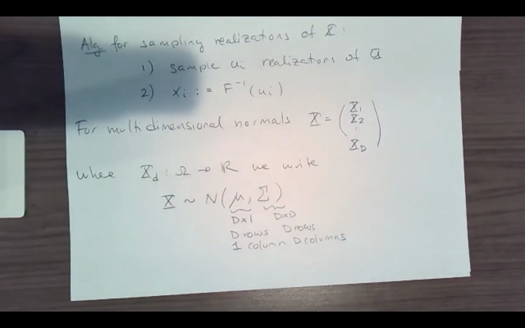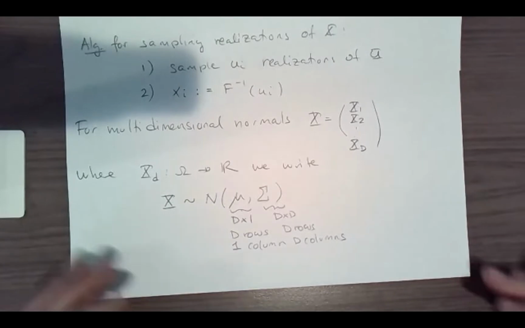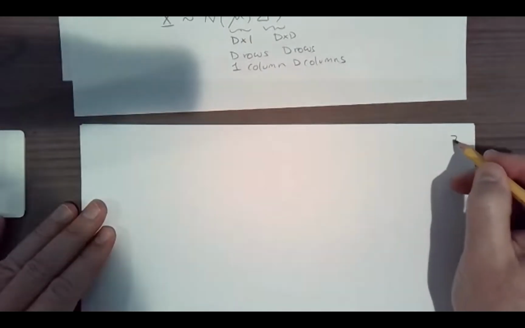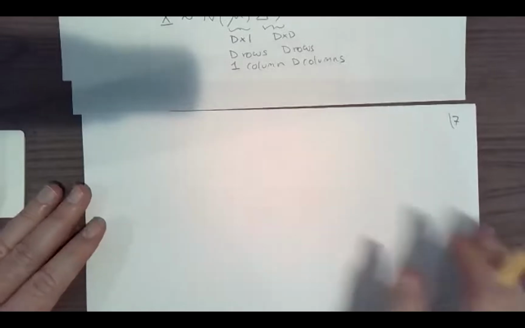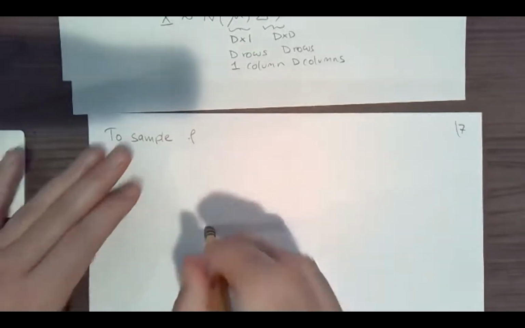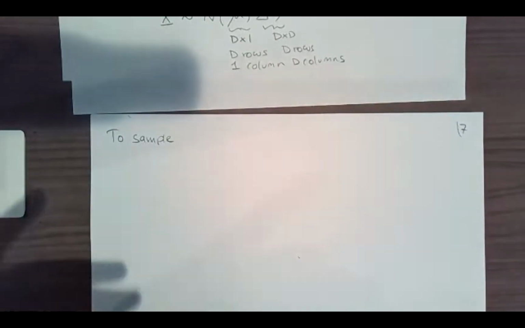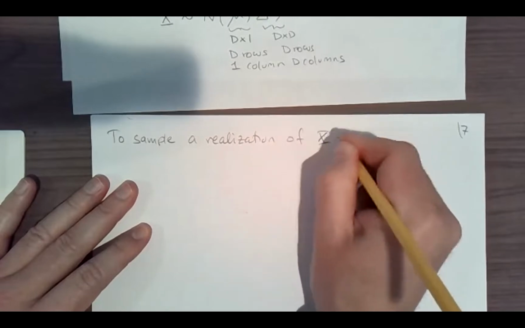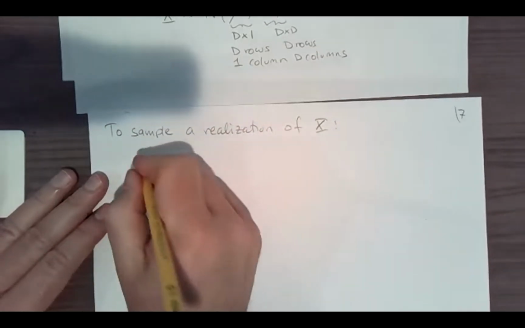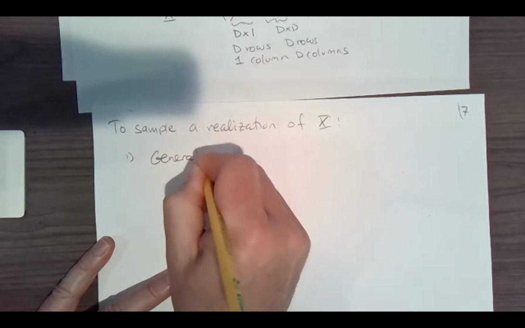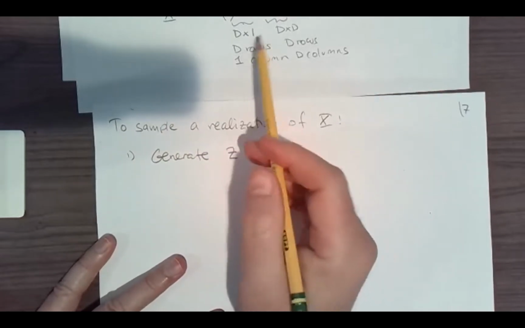How do you sample from one of those? To sample a realization of X, there's an algorithm, and the first step is you start by generating a Z, which is simpler.